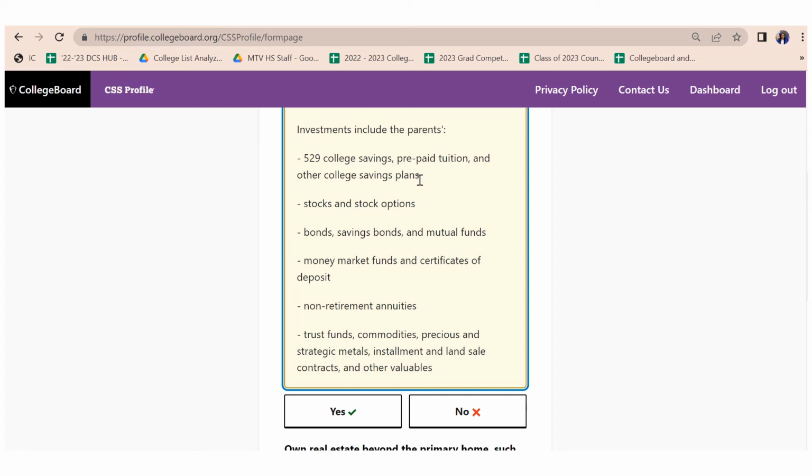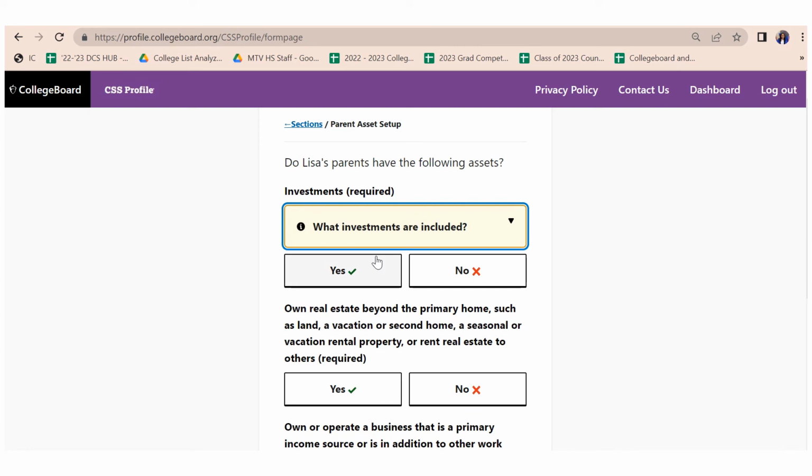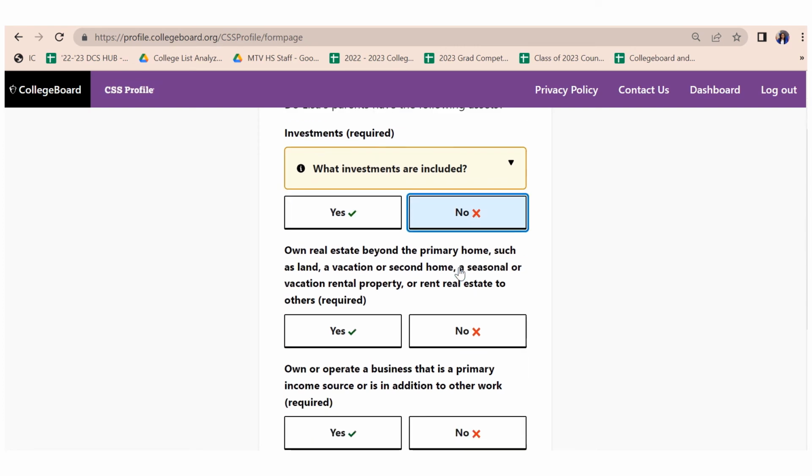Again, as we talked about earlier in this session, 529 college plans are parent assets, not student assets. So additionally, this might include money market funds, savings bonds, things like that. So if you have any of those things, you will need to click yes. But if you don't, you'll click no.